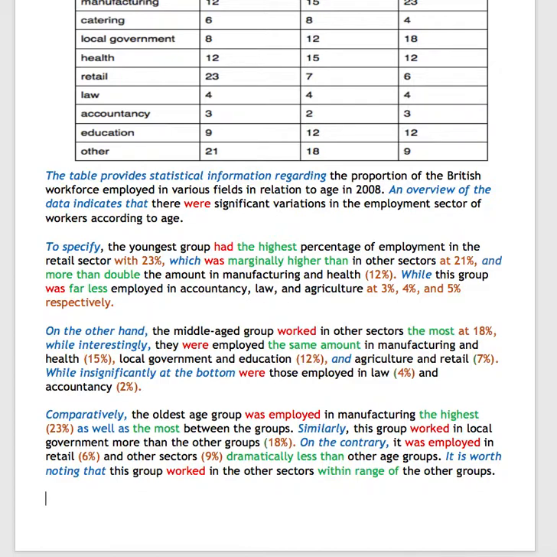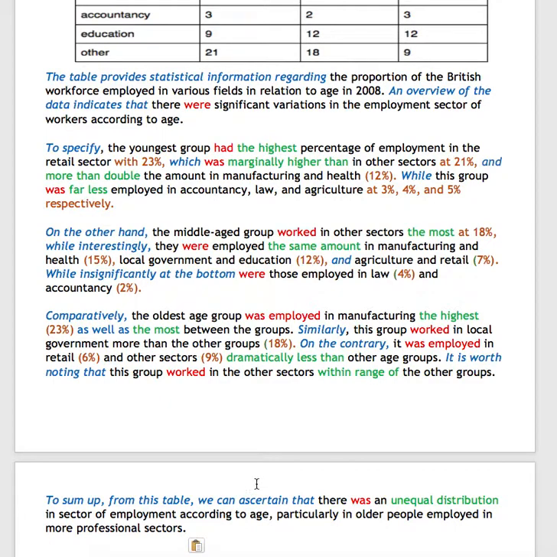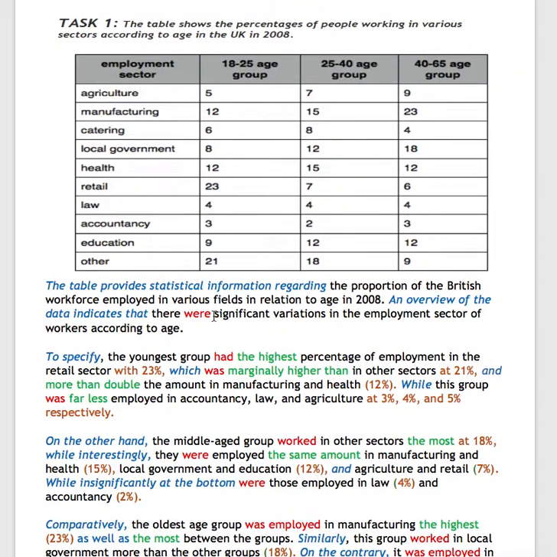Now we get to the closing sentence. To sum up, from this table, we can ascertain that there was an unequal distribution in sector of employment according to age. Okay. So unequal distribution means that it's not the same.